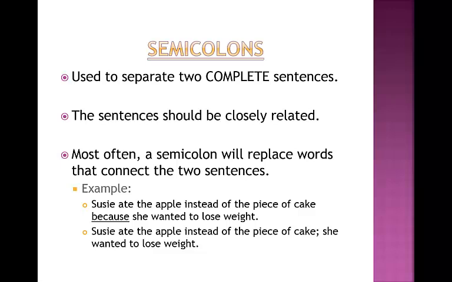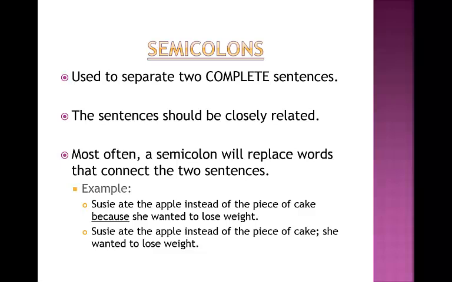So let's look at an example so that you understand. The first writing of the sentence says, Susie ate the apple instead of the piece of cake because she wanted to lose weight. So that word because tells us the type of relationship, right? There's a reason that she ate that apple, and it was because she wanted to lose weight. When we use a semicolon, the sentence changes, and it reads, Susie ate the apple instead of the piece of cake; she wanted to lose weight.